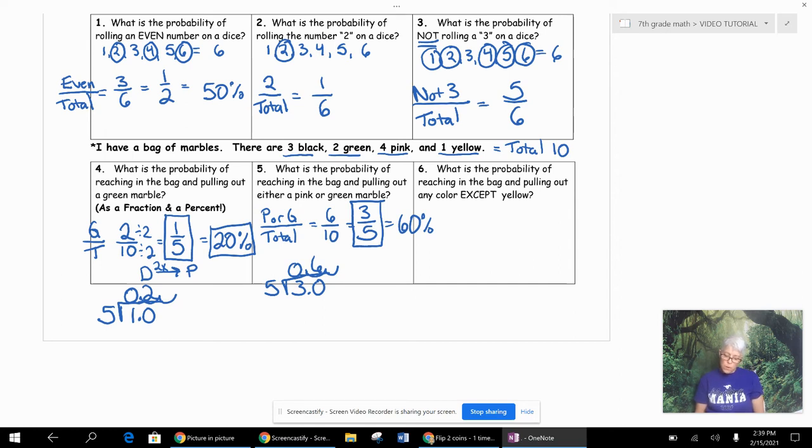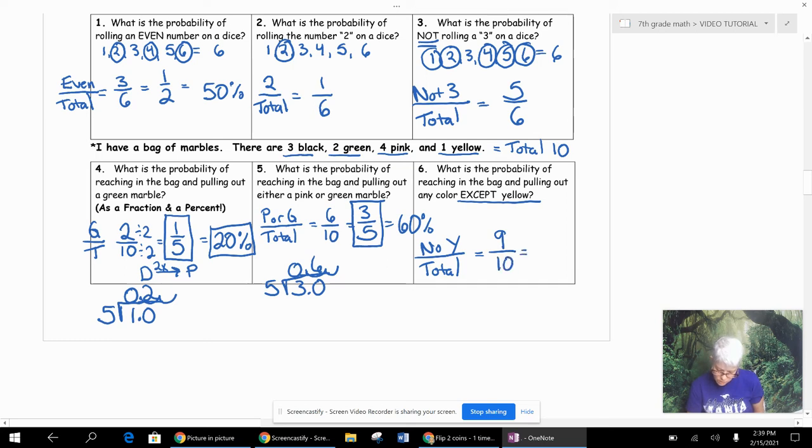Okay, last one. What is the probability of reaching in the bag and pulling out any color except yellow? So we want no yellow in the total. So let's see, there's 1 yellow, there's 10 total. So there's 9 that are not yellow.